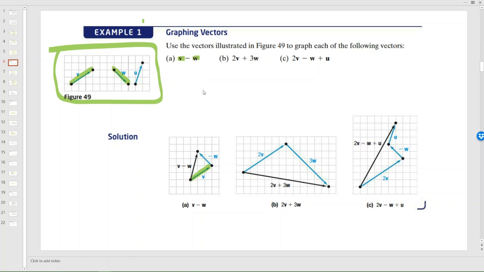So it's still got the same magnitude, but instead of dropping down below here, it's going to push us back up here. So what they asked for was the result of v minus w. The answer would be this vector here in black, because that starts with v, and at the end of v it takes the opposite of w, and that lands at this point. So we've defined v minus w. Okay, the same thing is going to take place for each of these.